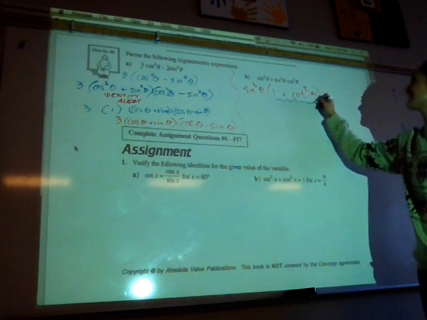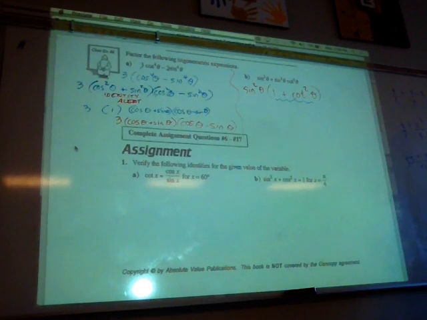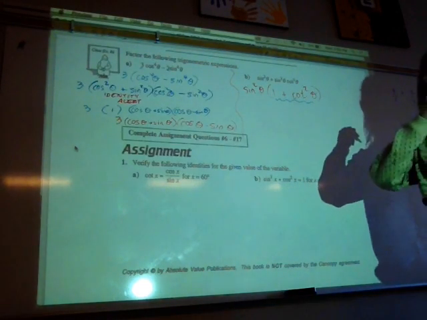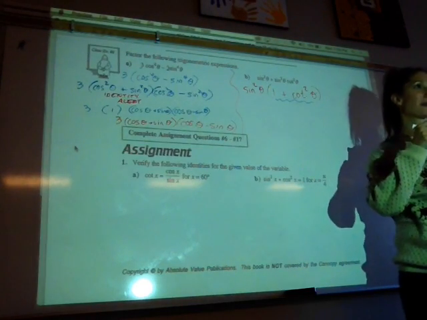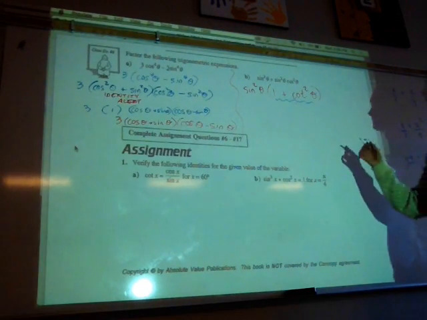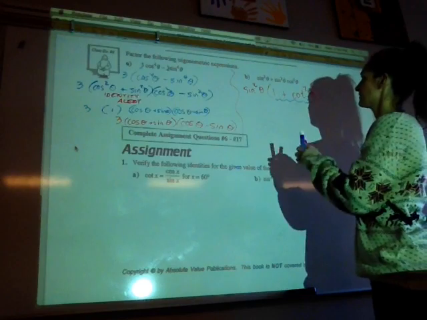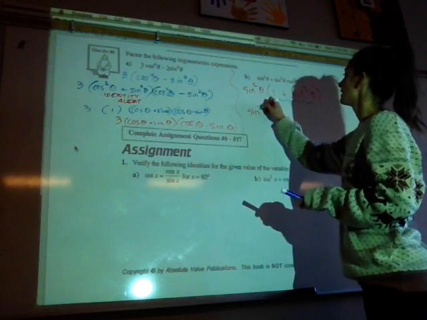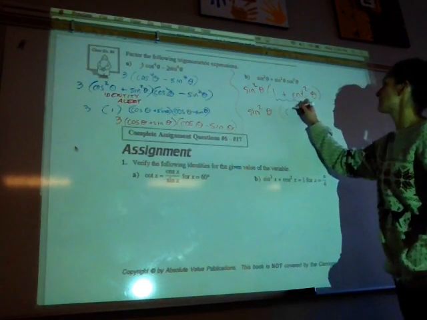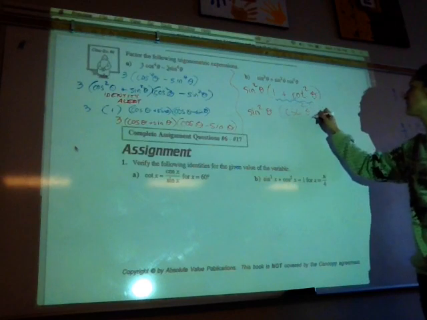Okay, we have an identity right here. 1 plus cotangent theta squared equals cosecant theta squared. I'm pretty sure. Double check that for me. Cosecant. Good. Okay, so we have sine theta squared plus cosecant theta squared.